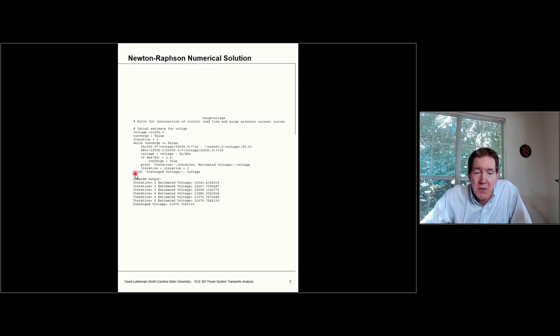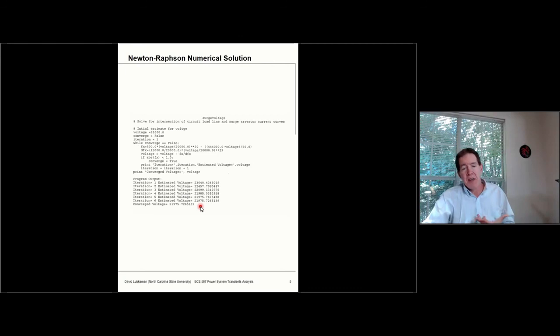Then I do this update: the new voltage is equal to the old voltage minus F evaluated at the current value of V divided by the derivative of F evaluated at the current value of V. I iteratively go through until I converge to a solution, using a convergence criterion. If you solve it this way, you get the value 21,975.7. So that's the voltage to which the surge arrestor is actually going to be clamping.